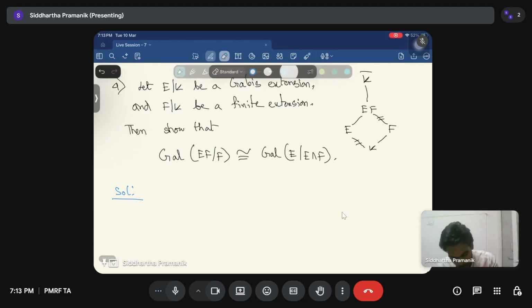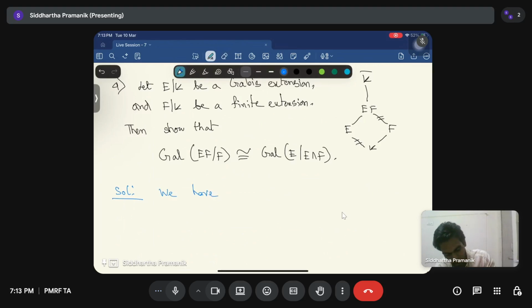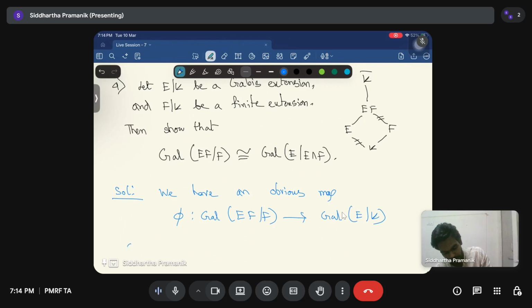So note that we have an obvious map, let's say phi, from this Galois group of EF over F to the Galois group of E over K, defined by the restriction.